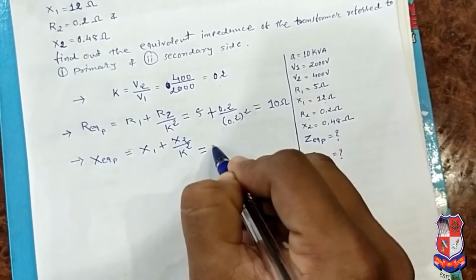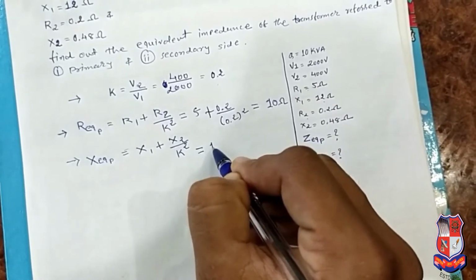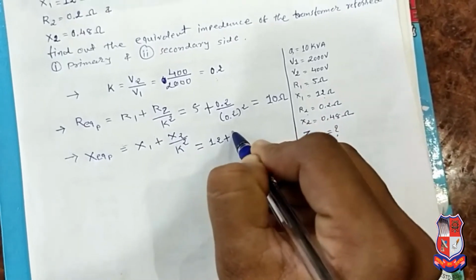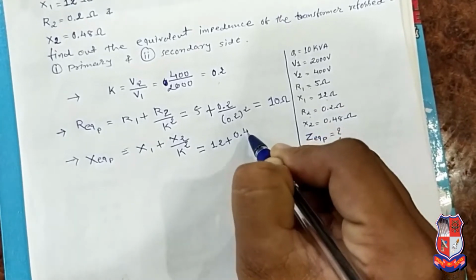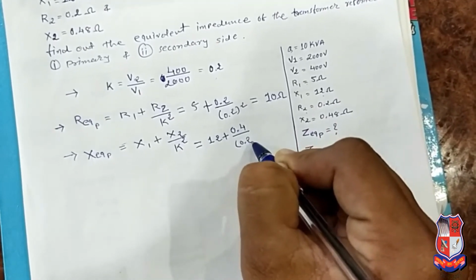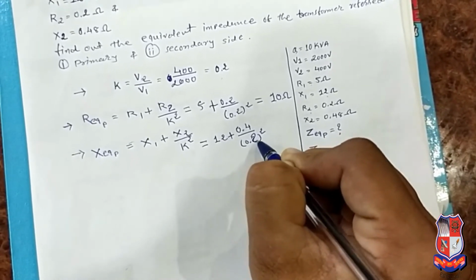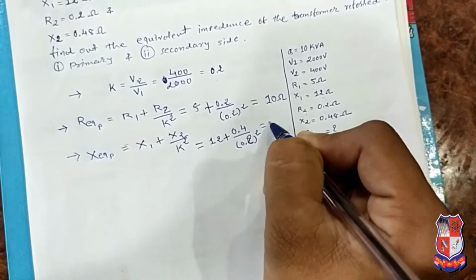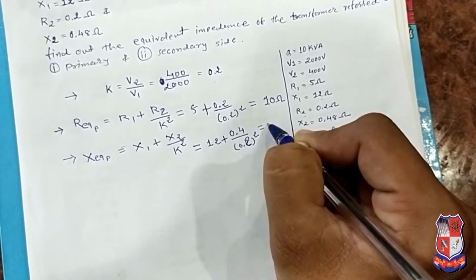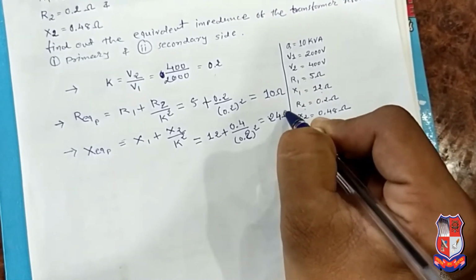Now simply put the values and get the answer: 12 plus 0.4 divided by 0.2 whole square. And we get the answer of primary reactance as 24 ohm.